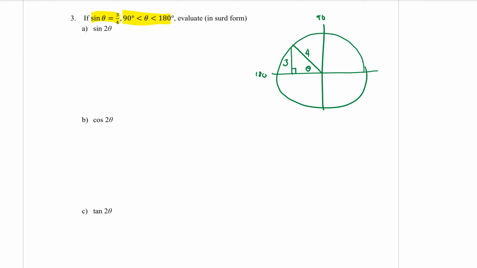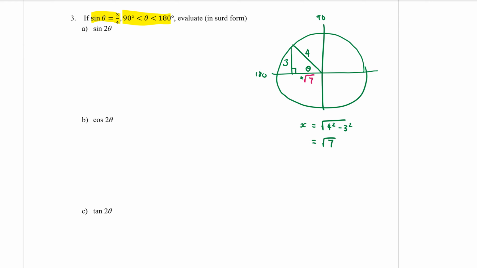So if I call that x for a moment, x is going to be equal to the square root of 4 squared minus 3 squared. So that's 16 minus 9, which is square root of 7. Remember, we have to leave it exact. Okay, so that side for x is the square root of 7.